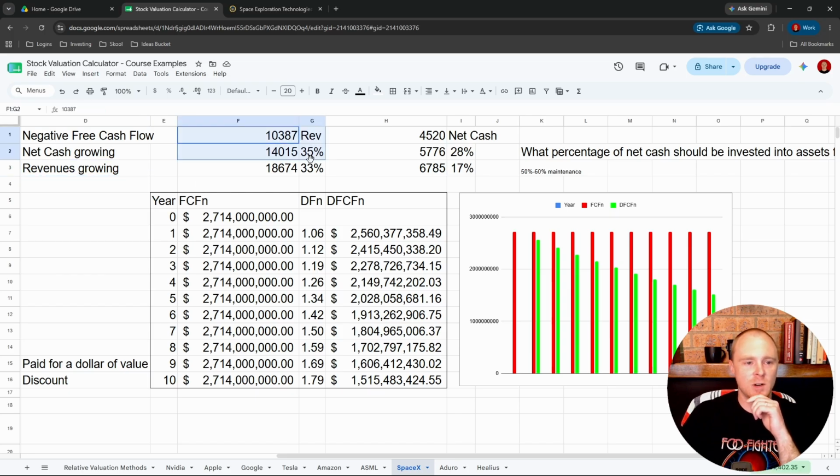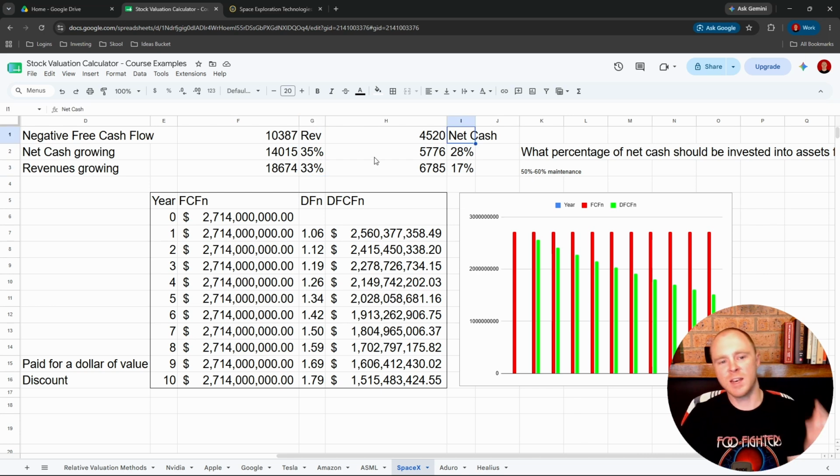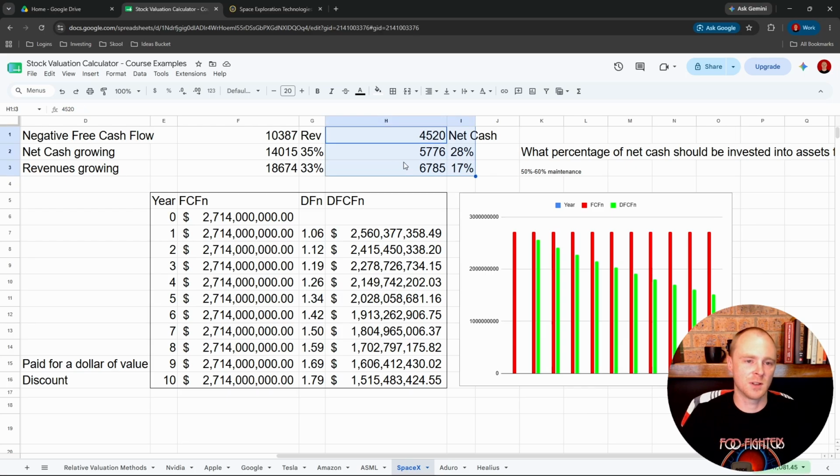So what is our revenue rate? It's between 35 and 33%. The net cash is growing at 28 and then 17, so roughly around 20% net cash. We're going to expect some of those things to be increasing in price, maybe some efficiencies with these new assets, but they'll also have to increase depreciation. So we've got all that happening.